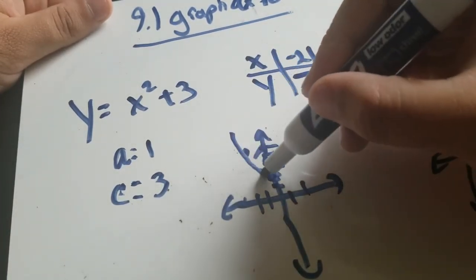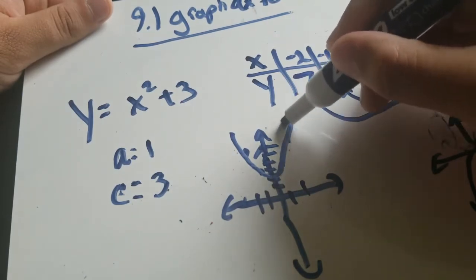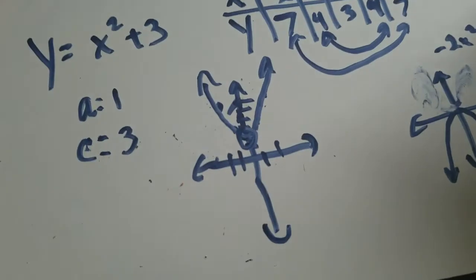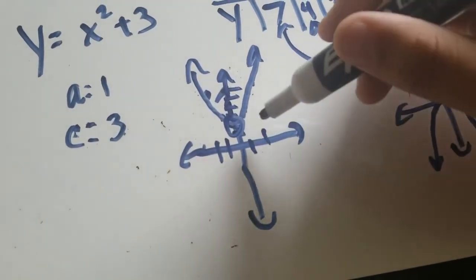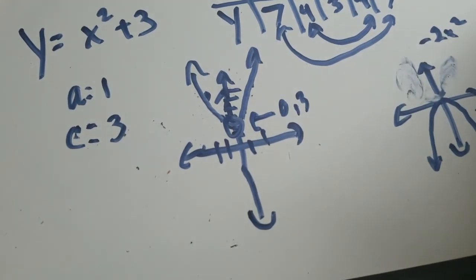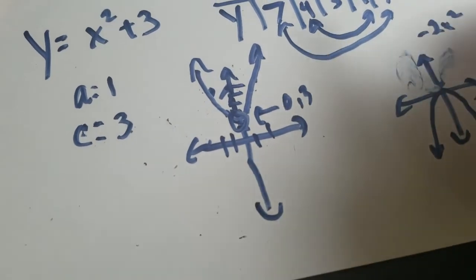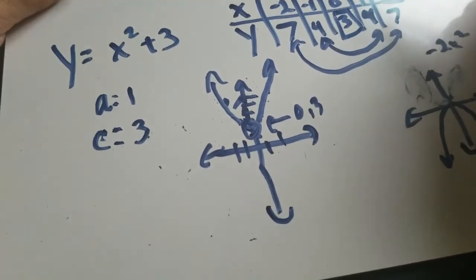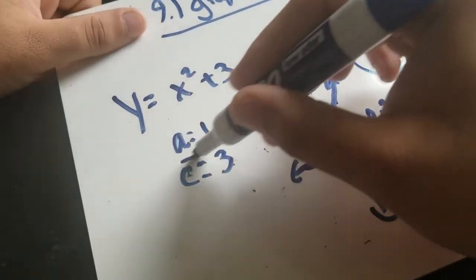So now, it still looks like a parabola, but the vertex is now in a different spot. It's not at the origin anymore. It's here at 0, comma 3. So our vertex here changes where c is.